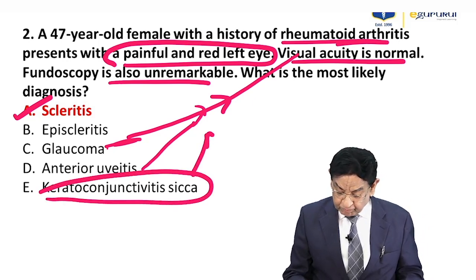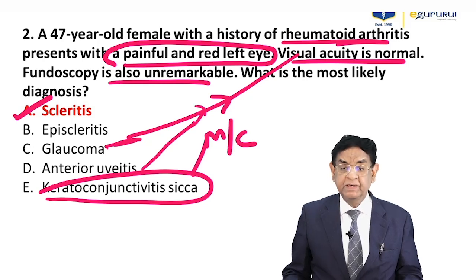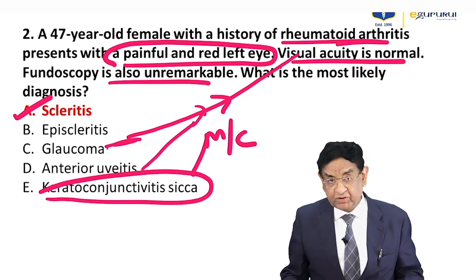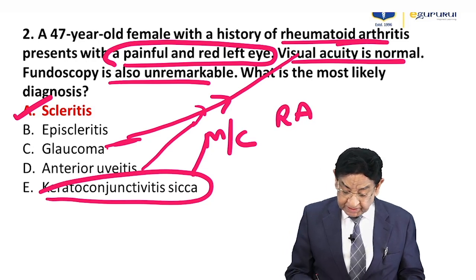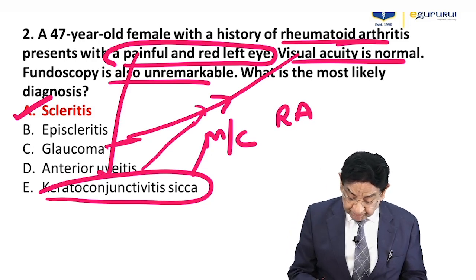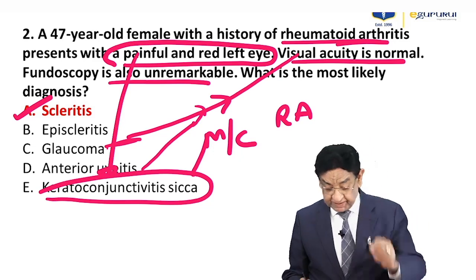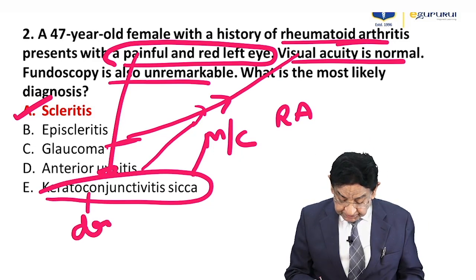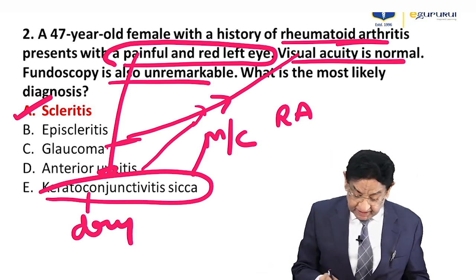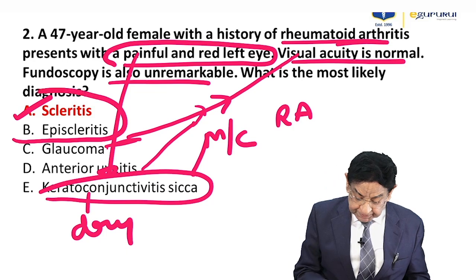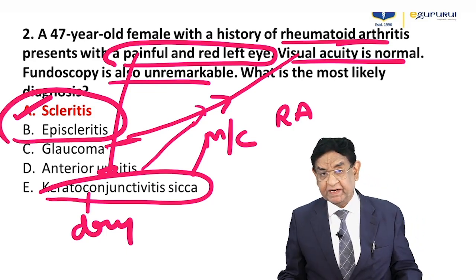In fact, it's the most common eye manifestation of rheumatoid arthritis. But it is not painful. It is dry. So by the rule-out technique, we are left with two options, scleritis and episcleritis.